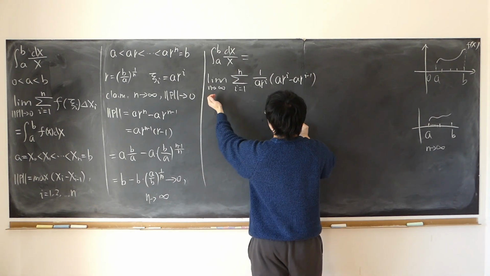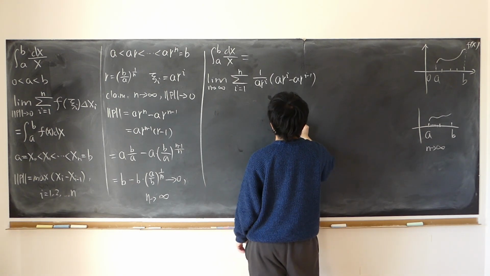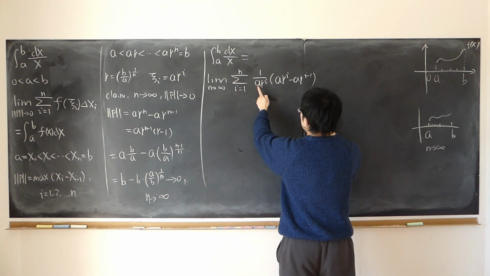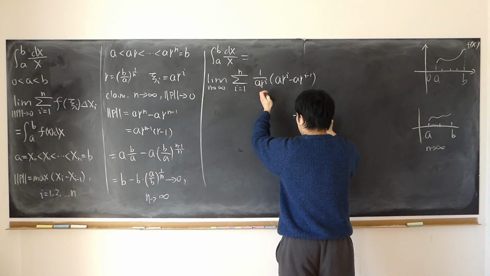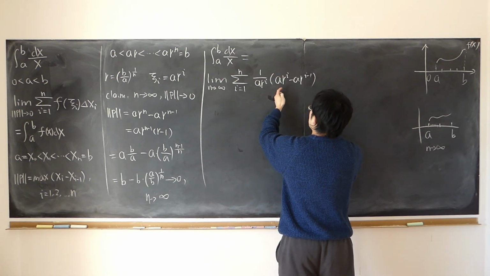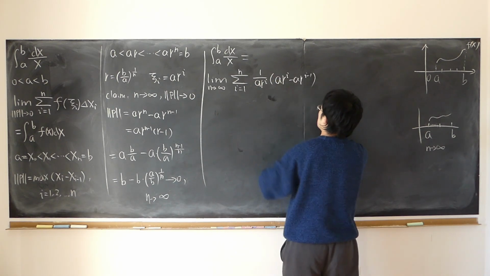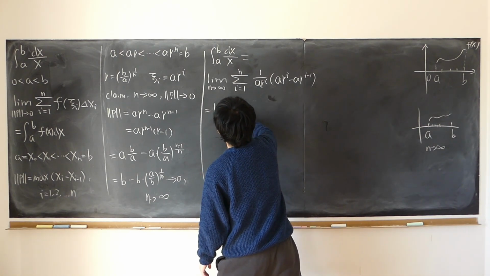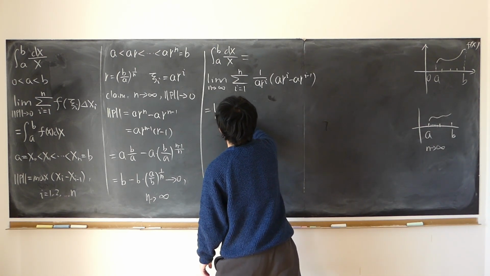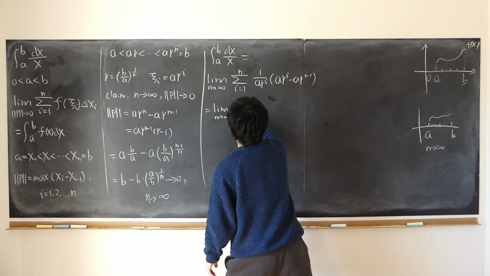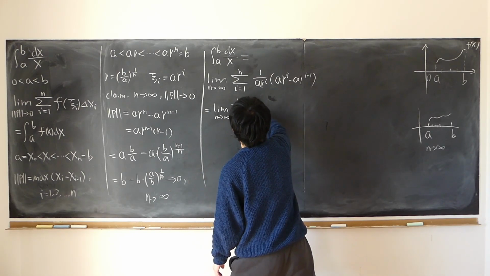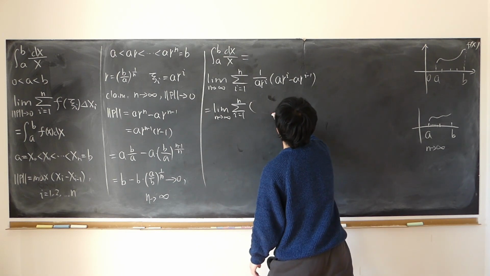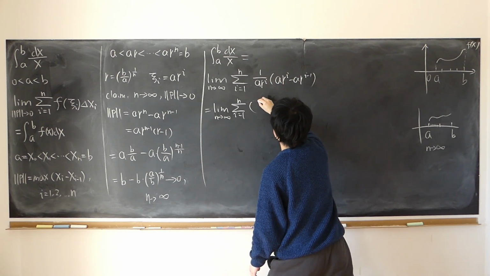All right, then I let n approach infinity in this case. First, 1 over a times r to the power of i times a times r to the power of i, they just cancel out, first of all, right? The sum from i equals 1 to n, they just cancel out to be 1.